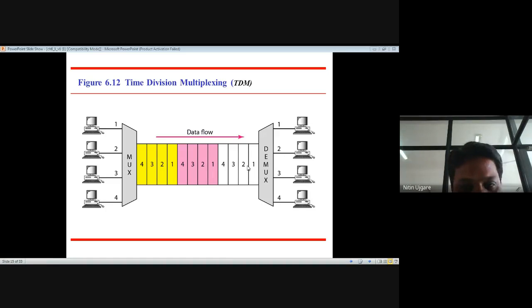The second time slot data will be sent to the second destination, third to the third destination, and fourth to the fourth destination. So that's how each time frame will be demultiplexed by the demultiplexer at the destination. So we have a time multiplexer at the sending end and a time demultiplexer at the receiving end, which multiplex and demultiplex the data.